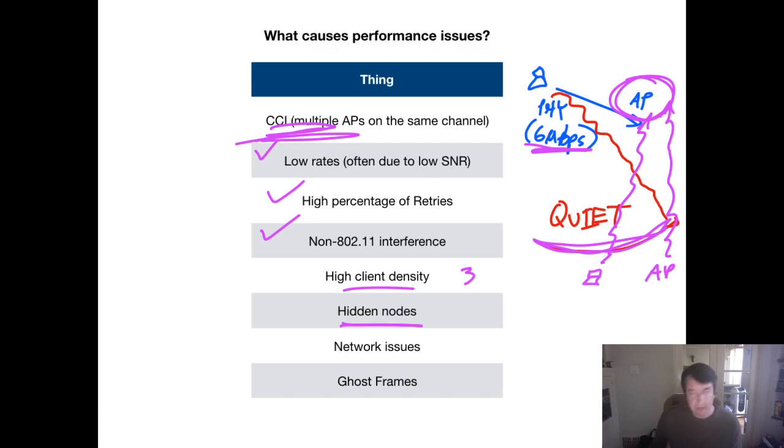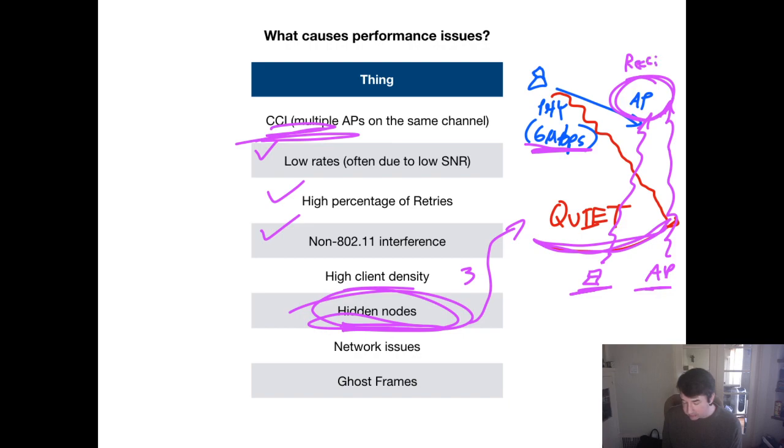That's what we call the hidden node problem, where we have devices that can reach the receiver but cannot hear the transmitter. So if there's this client or this access point out here that can't hear the transmitter but can reach the receiver, then we get a hidden node problem.